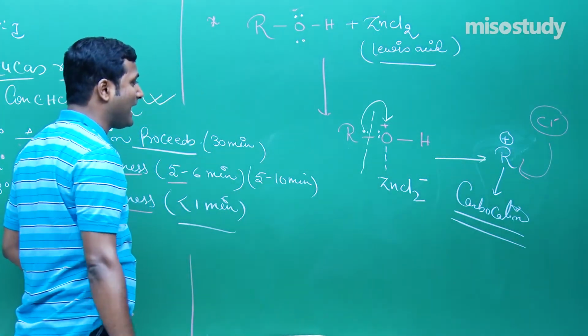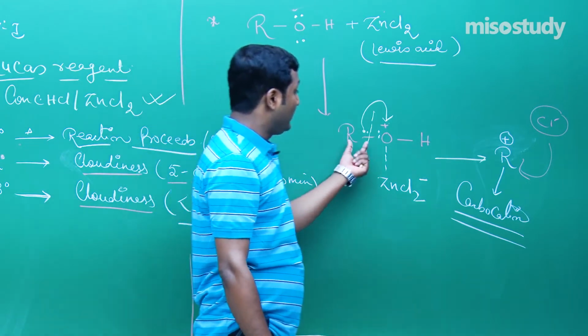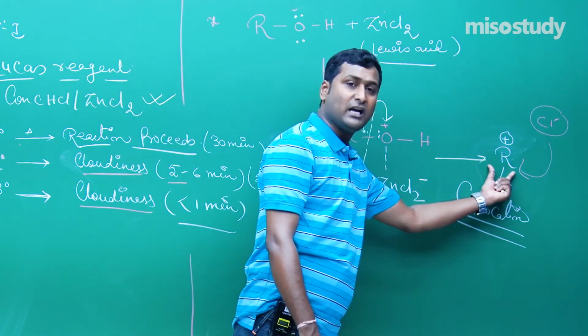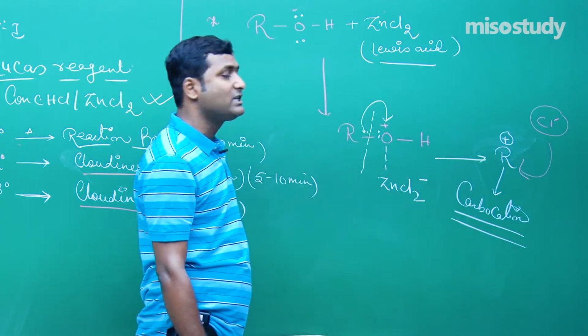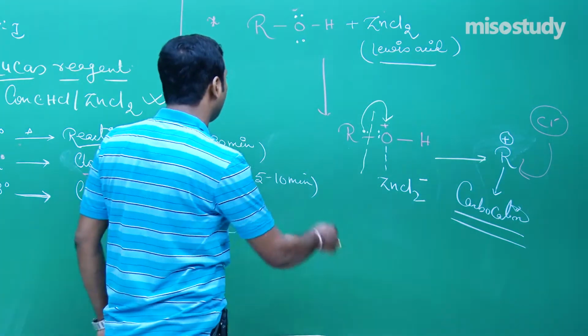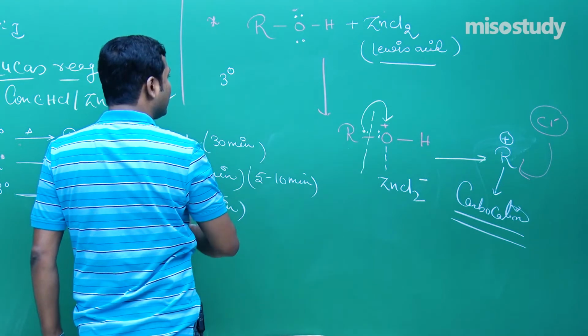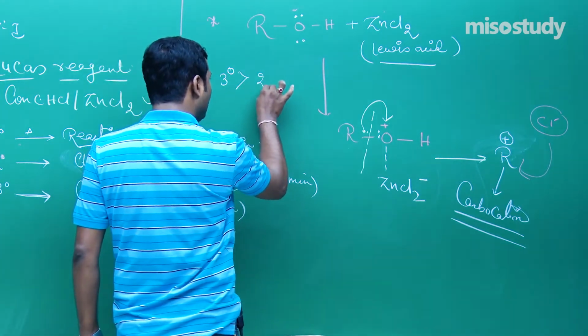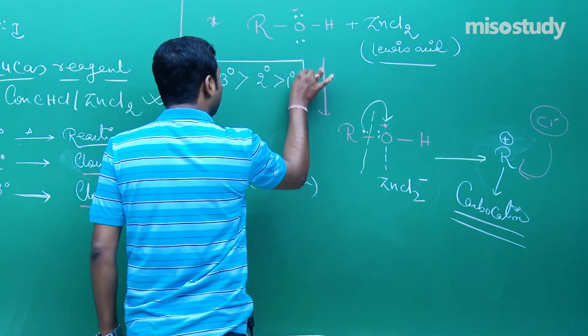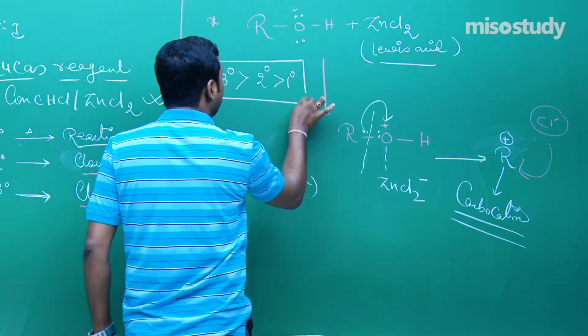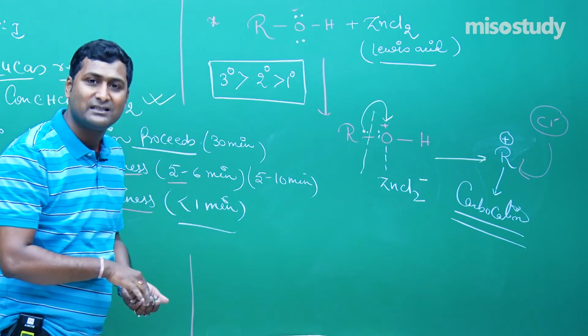Now the question arises here, if there is an intermediate formation, that is the carbocation, which carbocation is more stable? We know 3 degree carbocation is more stable than 2 degree, which is more stable than 1 degree. So in which case does the reaction move faster? If the carbocation is 3 degree.